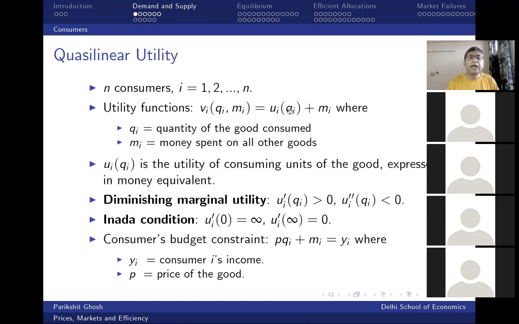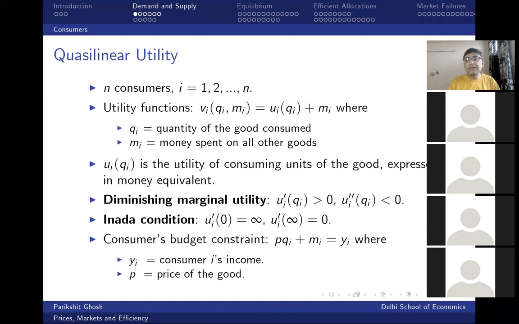Other goods. Not only that, I'll simplify it further by assuming a particular form of this so-called utility function, right? And I'll assume that, first of all, it is additively separable, right? This function could have taken many different forms, but we'll take an additively separable form. So there's some utility from the bread that I have chosen to buy and eat, and some utility from the money I'm spending on other things, and it takes this additive form, we'll assume.